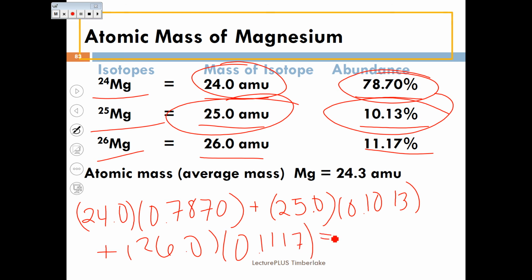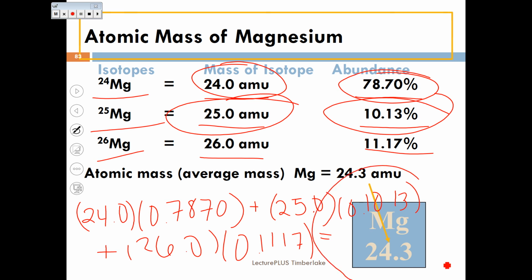My recommendation is you find the products first and then add the 3 products together. You should get 24.3 AMUs, which should correspond to the number that appears on the periodic table. That is how those numbers are calculated, using these weighted atomic masses of the isotopes.